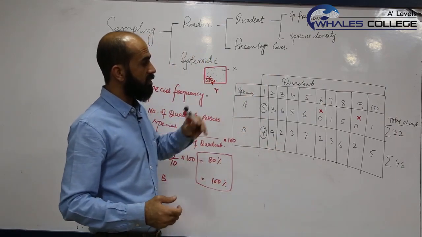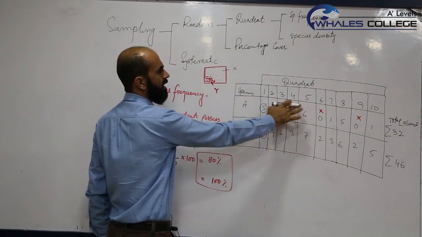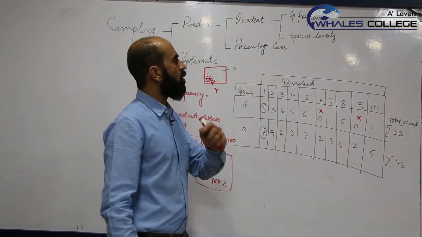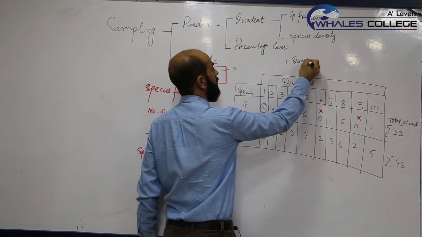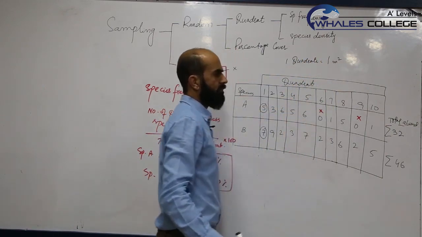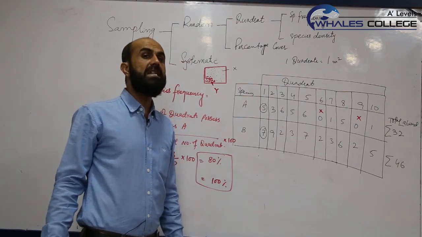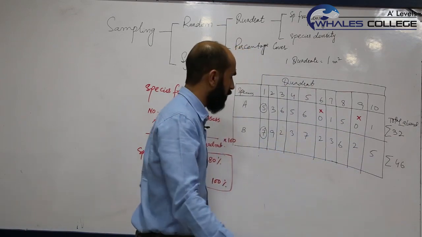So if you want to calculate species density, what should we do? 32 individuals of species A for 10 quadrates. If one quadrate has an area of 1 meter square, then 10 quadrates means 10 meters square. So in 10 meters square area, we have 32 organisms.